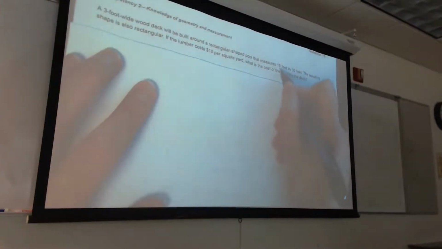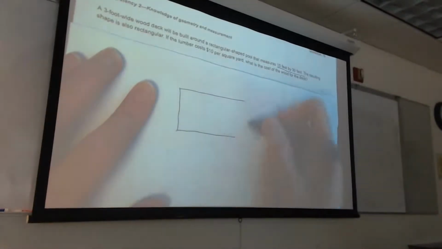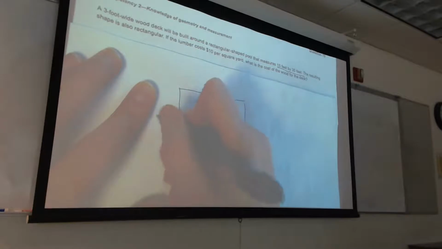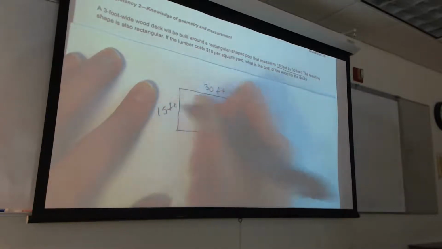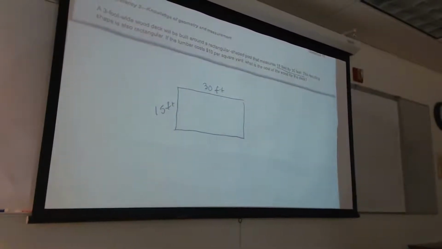First things first, we need to draw it. So first we've got the pool, right? So we've got a pool that's 30 feet by 15 feet. They have a 3-foot wide deck built around the pool in all directions.